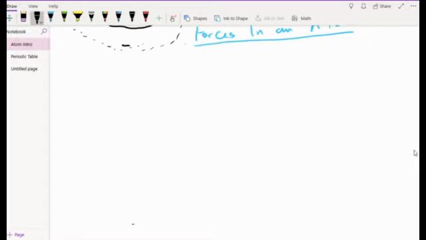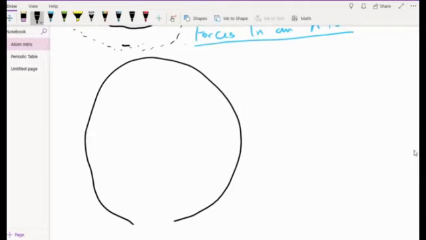So this is the carbon atom. We are only looking at the nucleus, not even the atom. Let's show the shell, but what you are focusing on is the nucleus. So let's put the 6 protons: 1, 2, 3, 4, 5, 6.